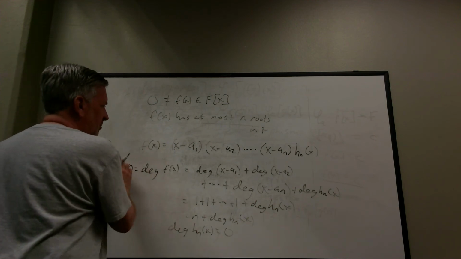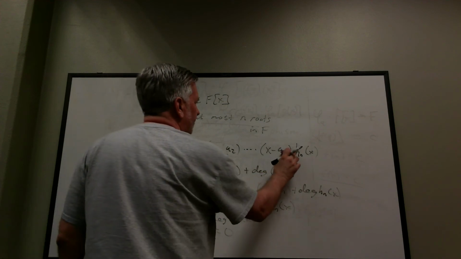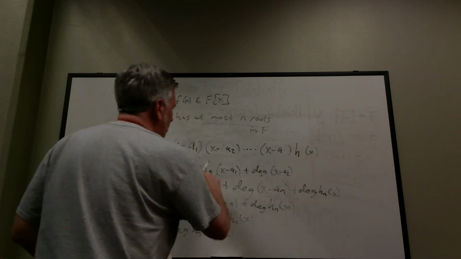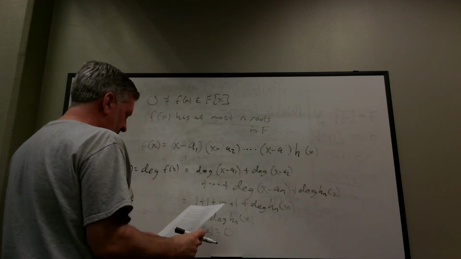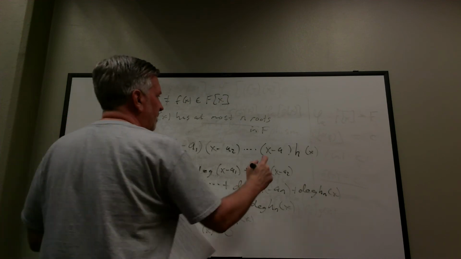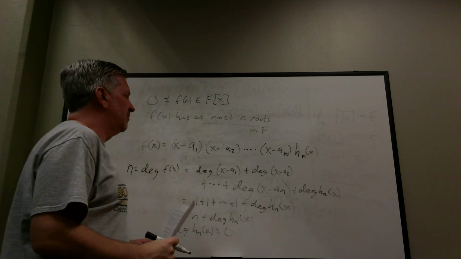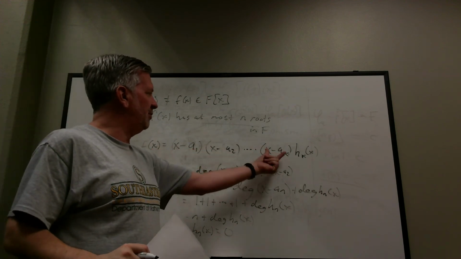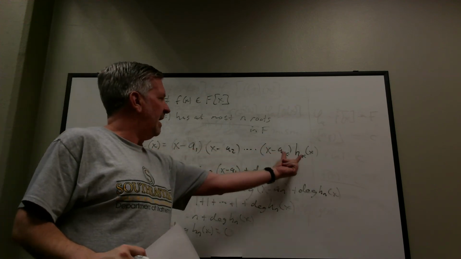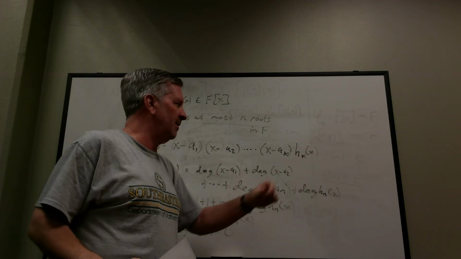Now the second situation says, what if you do this instead? What if you go down and you factor, this is part 2, and you find k roots, and then you're left over with an hk. So suppose you factored this down and you found k roots, and you have some extra polynomial that didn't have any more roots.